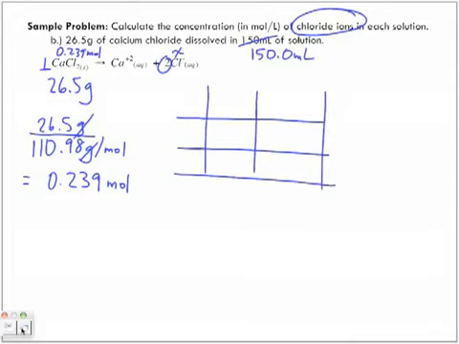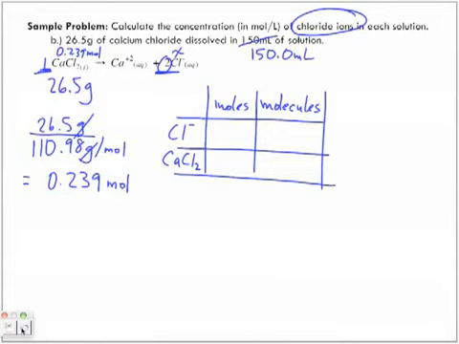We have our unknown, which is the chloride ions, and our known, which is our calcium chloride. So we know how many moles. We have moles and molecules. And as I said, even though we now know the Avogadro constant, we're not going to treat it that way.